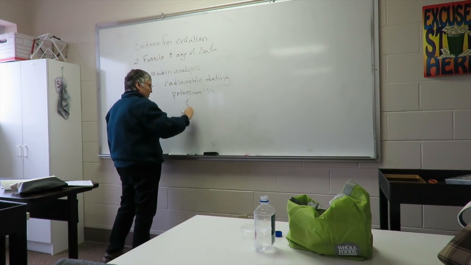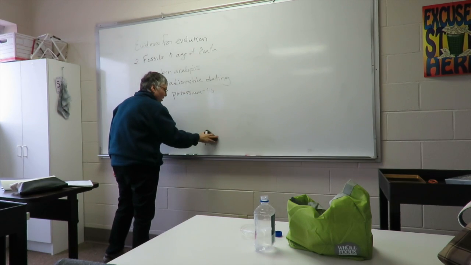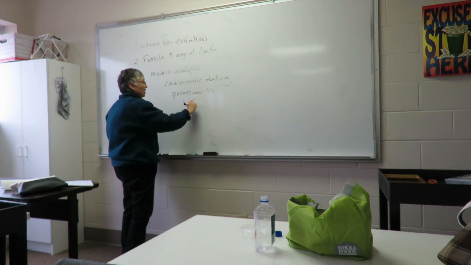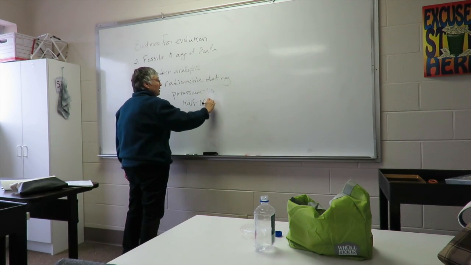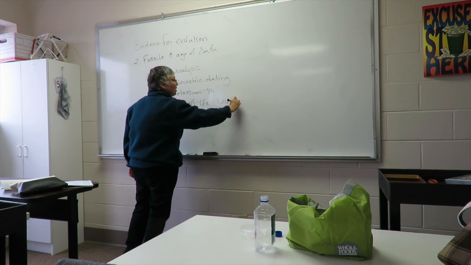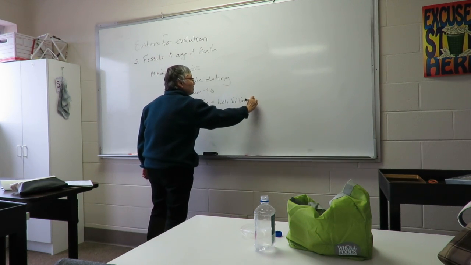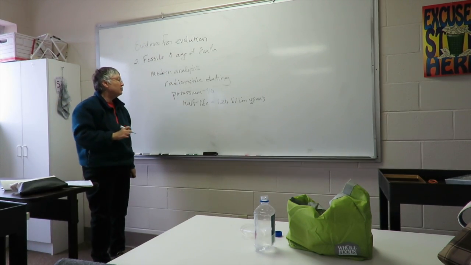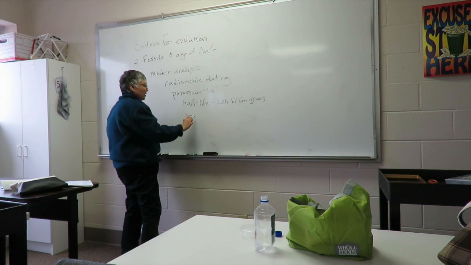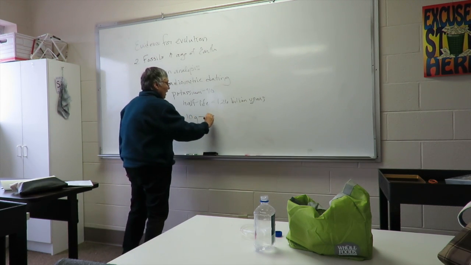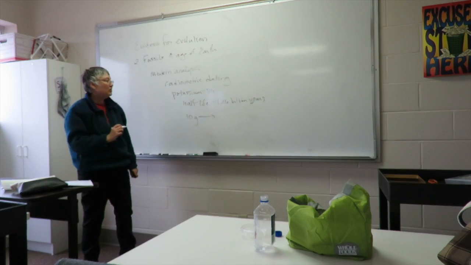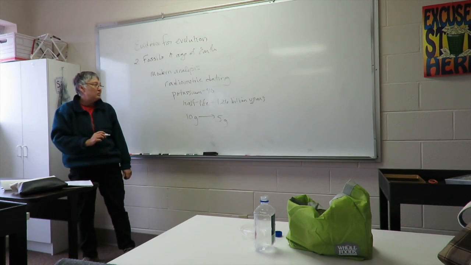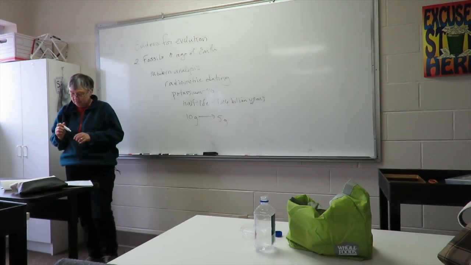And the way that we talk about the decay, we talk about its half-life. So it's 1.26 billion years. So that means that if we start with, just to give an example, 10 grams, at the end of 1.26 billion years, I'm only going to be left with 5 grams, because half of it will have already decayed.